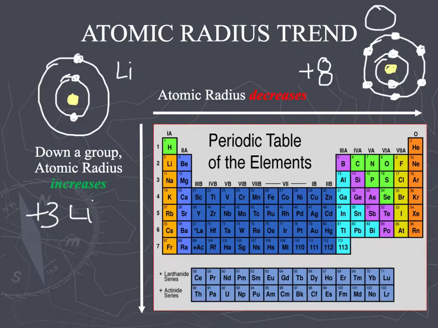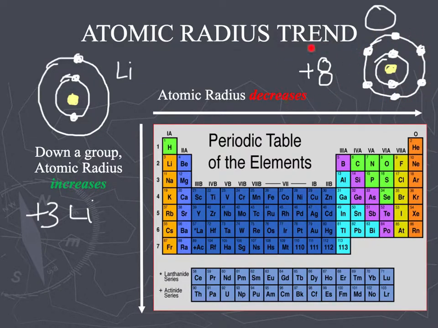But look what happens now. I have 8 protons pulling on all 8 electrons, and I still get partial shielding from the 2 inner electrons. They're shielding these outer electrons somewhat, not as much as they shield the one lone electron in lithium. They now have to try and shield 6 electrons.